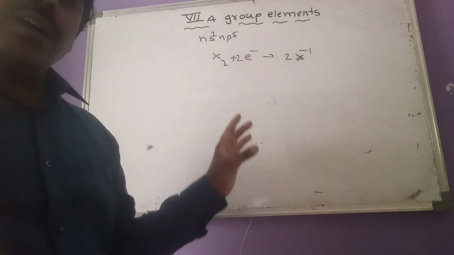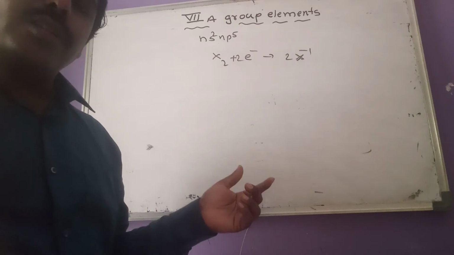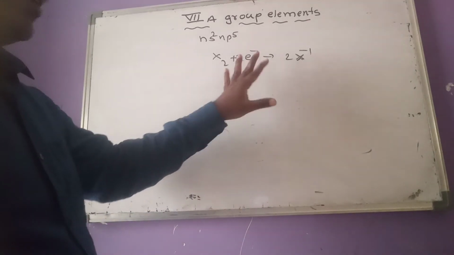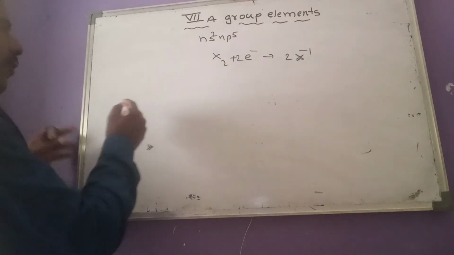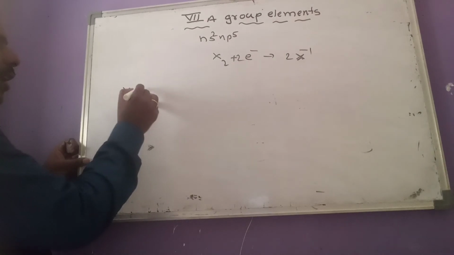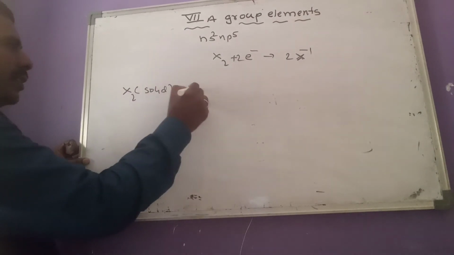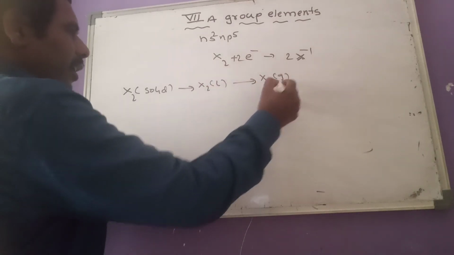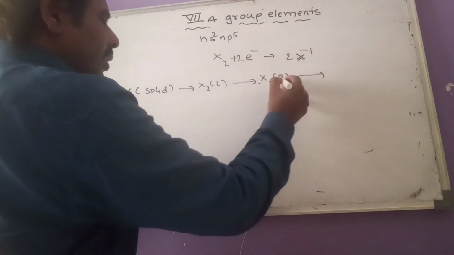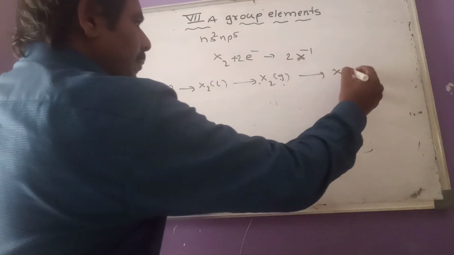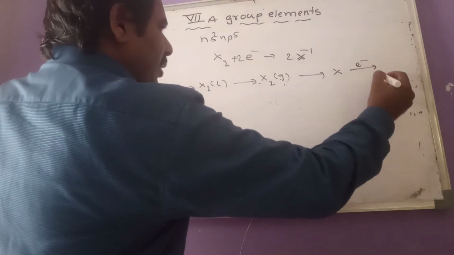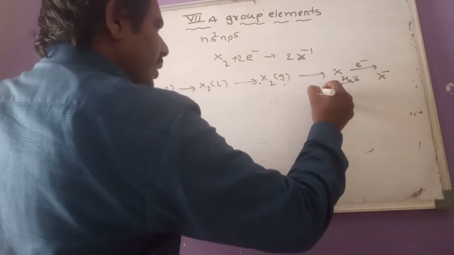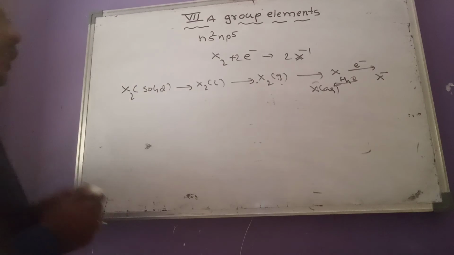But which is the strongest oxidizing agent among all the halogens? To determine that, note that this total phenomenon takes place in multiple steps. See what the steps are here. If any halogen is present in the solid state, it should first be converted into liquid state, then into gaseous state, then dissociated into atoms, then by adding an electron it converts to X minus, and by dissolving in water it becomes X minus aqueous.